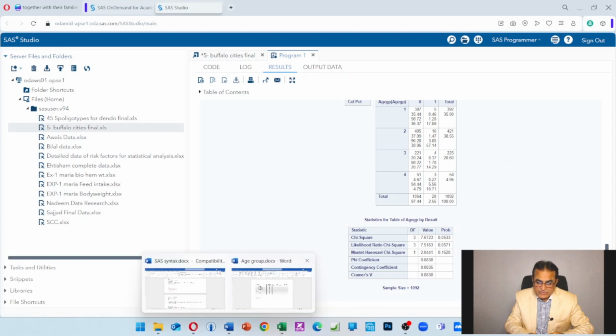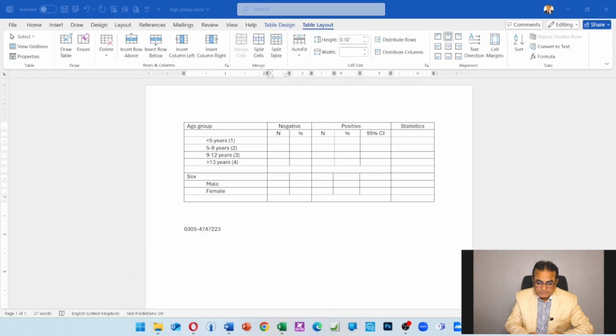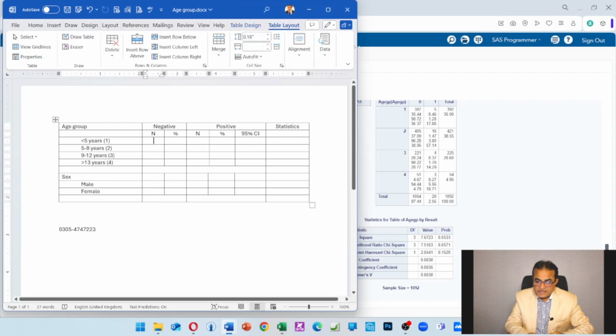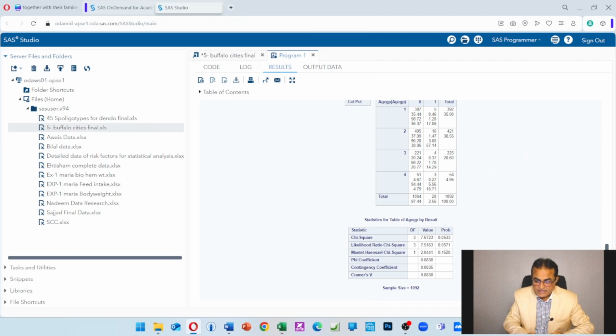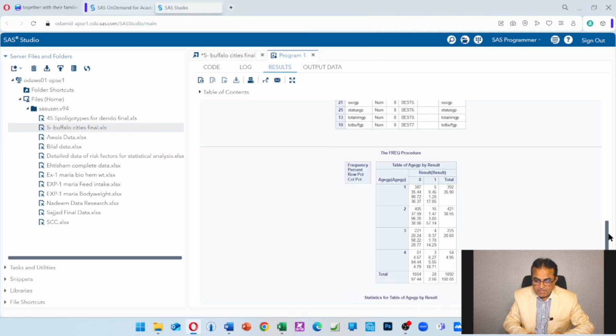Anyway, we need to put this data into the table we have constructed. So the n is 387. Now in this table some information is given. The first one is frequency, since we are doing frequency analysis.